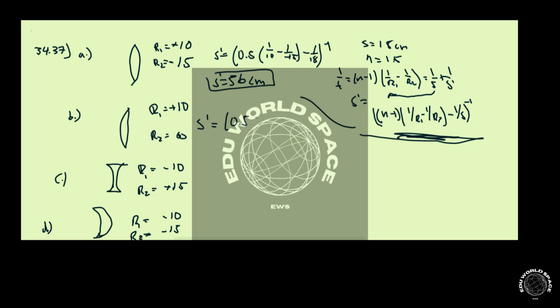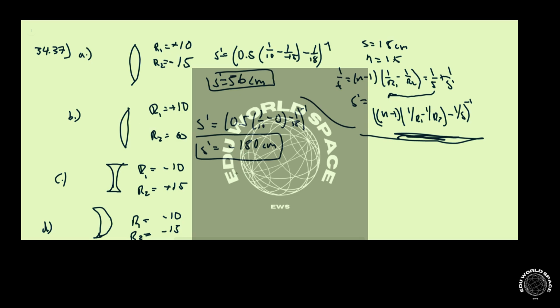Okay, so let's move on to part B. We already have all these things figured out, so we'll just plug them in. If we plug all that in our calculator, we should get negative 180 centimeters. That's negative, so it means the image is on the left side of the lens: 180 centimeters to the left.